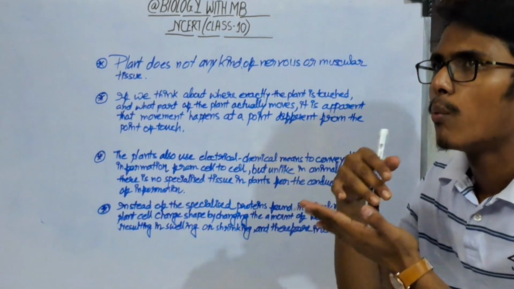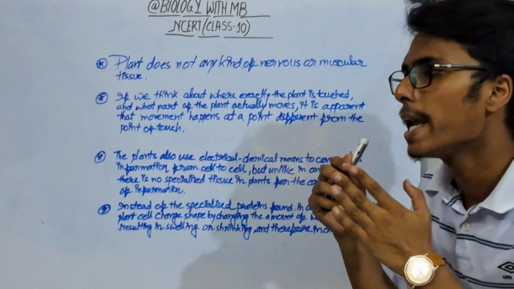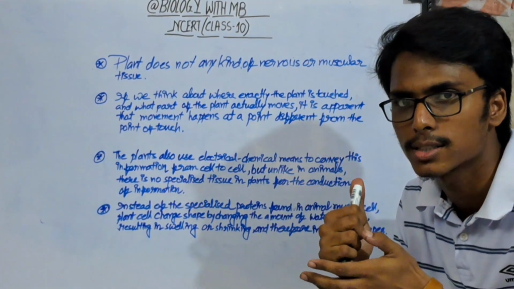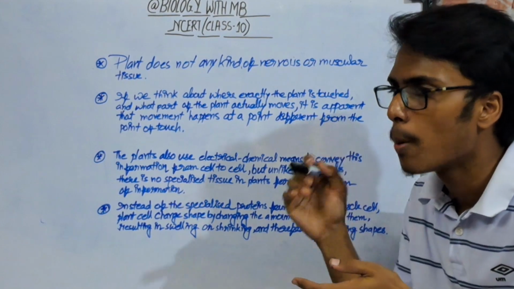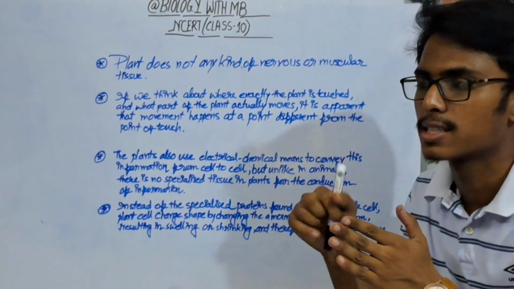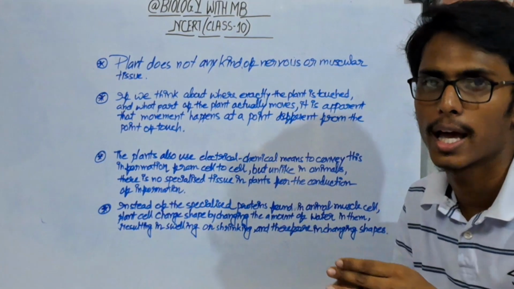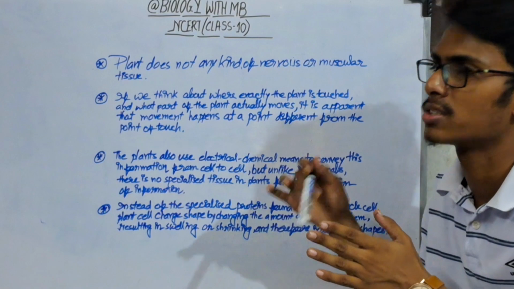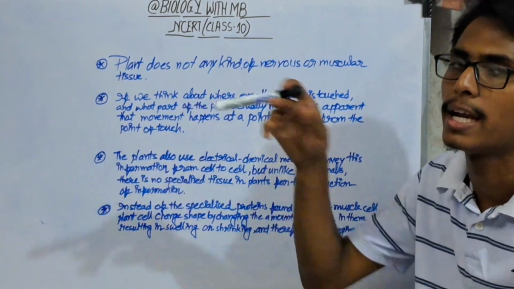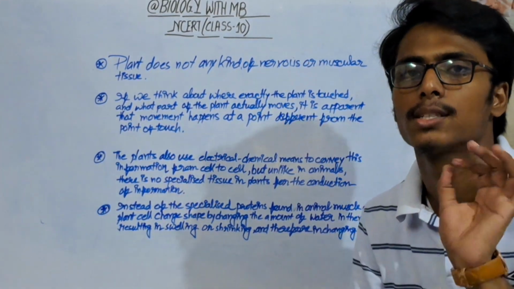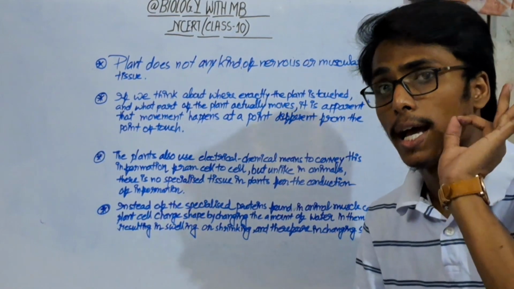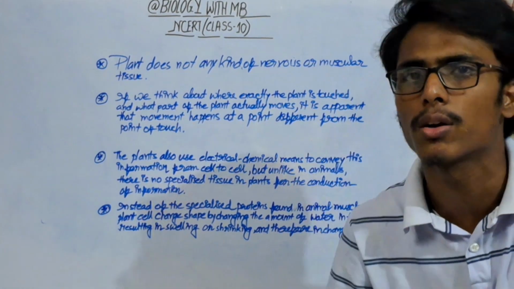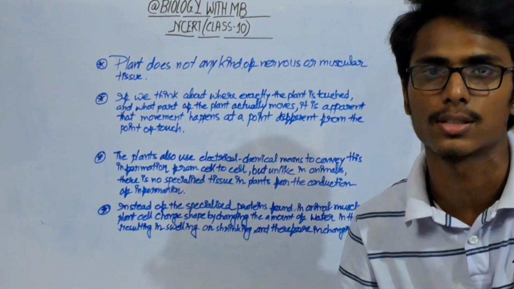A stimulus is when any kind of external or internal factor affects plants and animals, and as a result a certain change happens to them. External or internal factors that affect plants or animals, that is a stimulus.